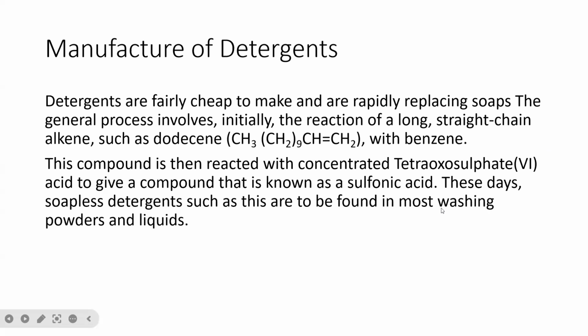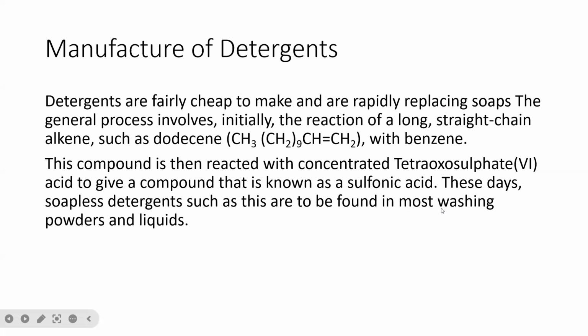These days, soapless detergents such as these are to be found in most washing powders and liquids. So you see that detergent is manufactured simply by sulfonation of long-chain hydrocarbons.